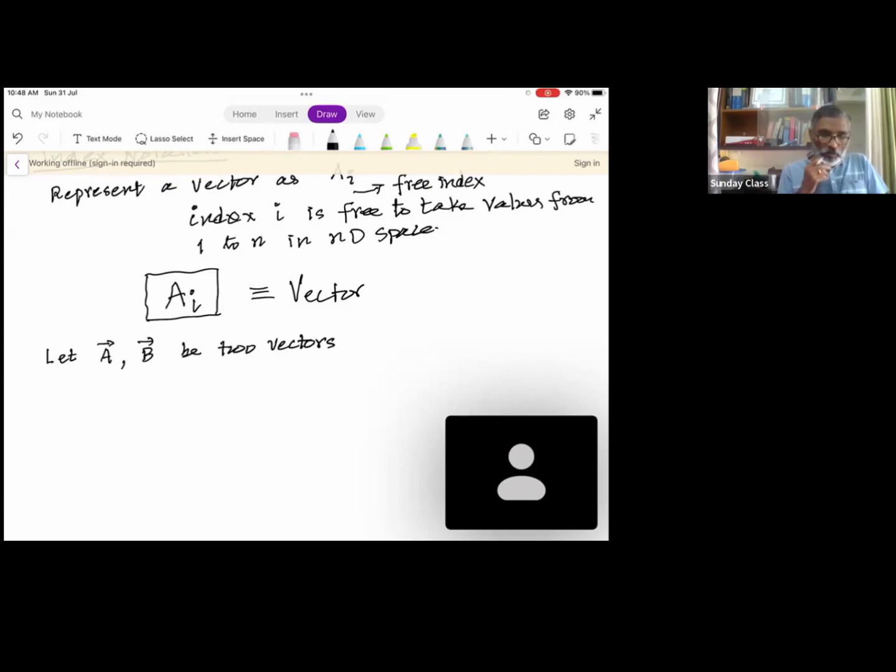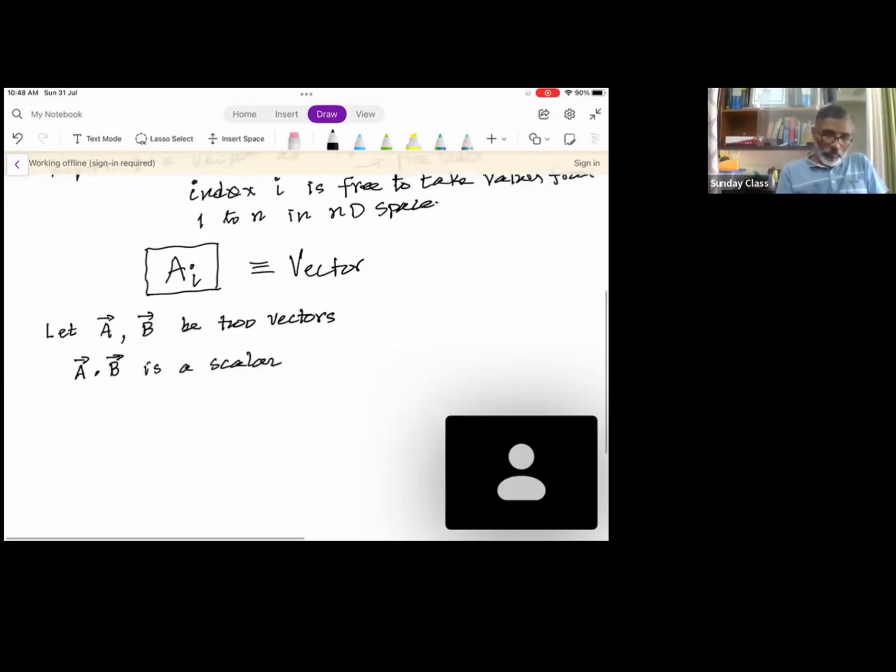Then we define A dot B as the scalar product or the dot product of A and B. A dot B is a scalar, correct? If A and B are two vectors, A dot B is a scalar.